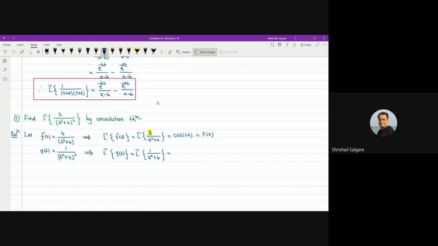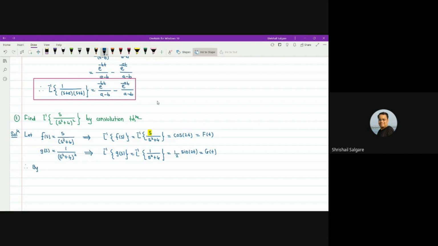Pragya Surve. Yes, sir. What is the inverse Laplace? 1 upon a means 1 upon 2 into sine 2t, that is 1 upon 2 sine 2t. Suppose this is g of t.